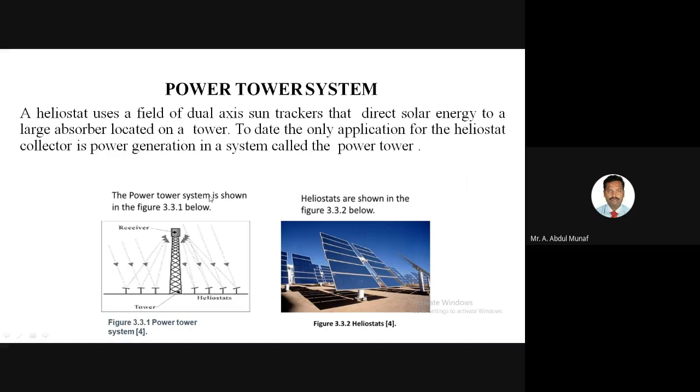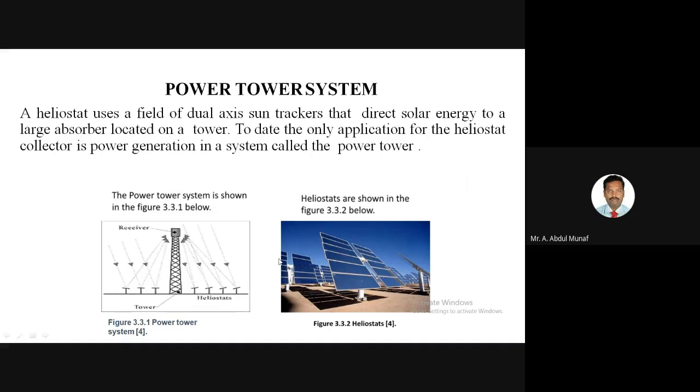Heliostat means we have a lot of panels here. The other name for this panel or collector is heliostat. A heliostat is a mirror-like object, so we can call that one the heliostat.